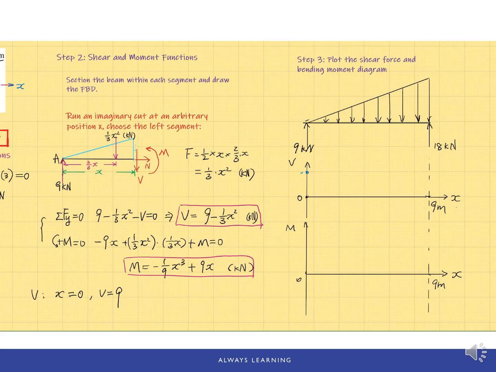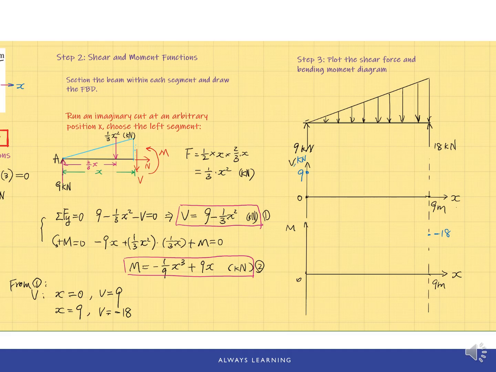So we can put this point at 9. And at x equal to 9, V is calculated to be negative 18 using that equation. Let's call it equation 1, and that's equation 2. So the calculation is from equation 1, and we find those boundaries. It will be a negative value, negative 18, and the unit is kilonewton.